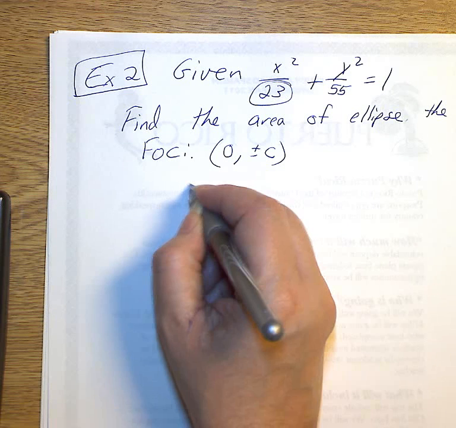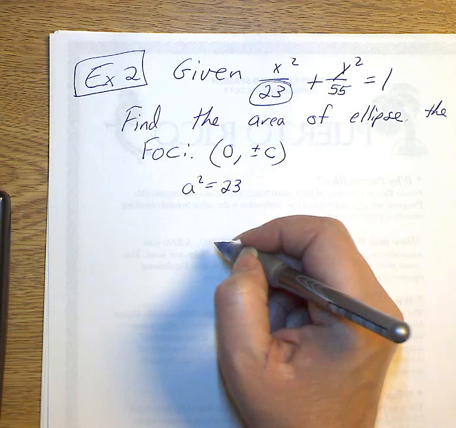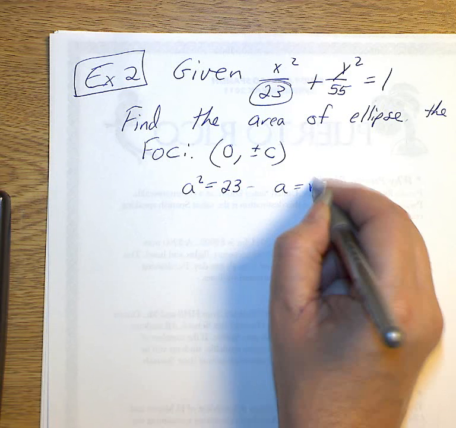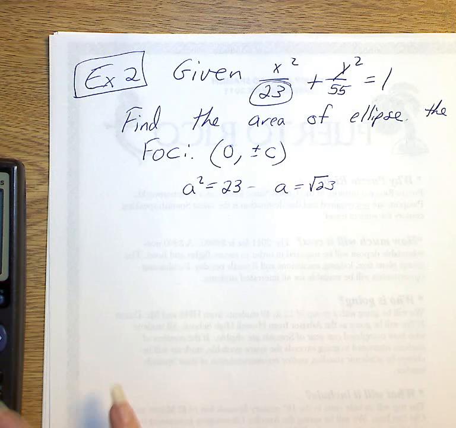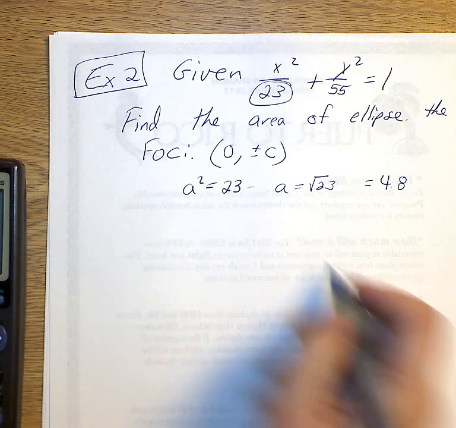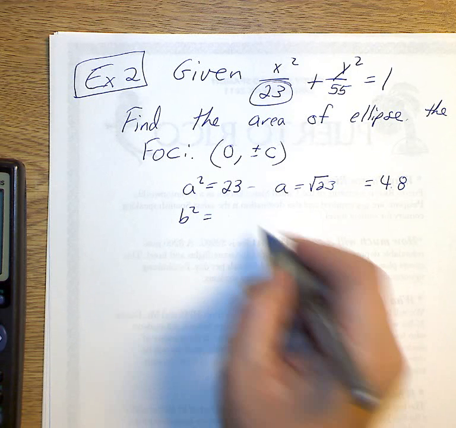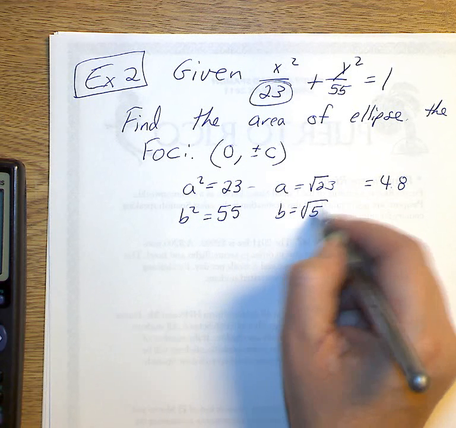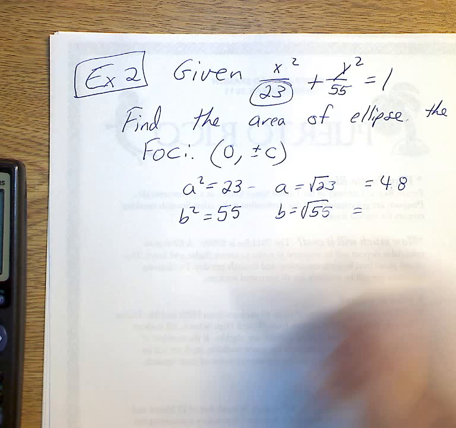So how do I find a? You take the square root. So a is the square root of 23, which is 4.8. What does b squared equal? 55. So b is the square root of 55, which is 7.4.